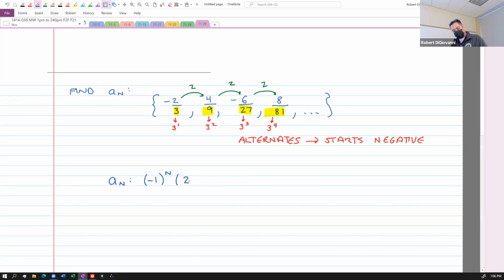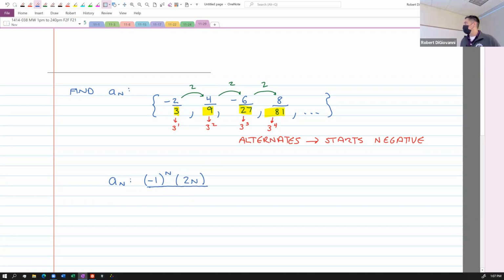I know I need a 2n, and it needs to start with 2. Is this going to work, or do I need to add or subtract something? This should work, because if I plug in 1 for n, I get 2 times 1, which is 2. When I plug in 2, I get 4. When I plug in 3, I get 6. So I'm just going to put 2n. I don't really need the parentheses, but I'll put them there. That takes care of the alternating, that takes care of the numerator, and now I just need the denominator.